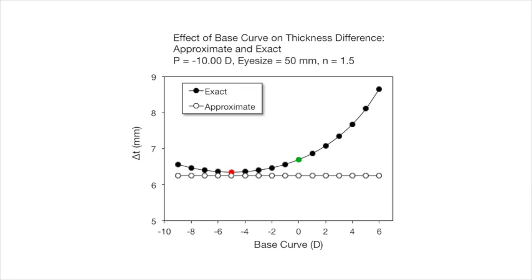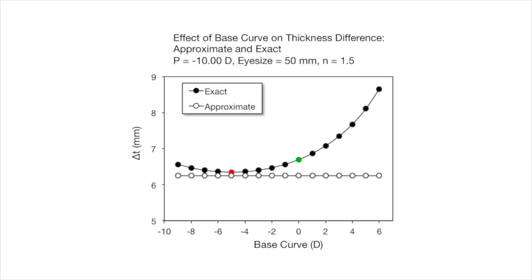As we increase the base curve, as we steepen the base curve, we can see that the delta t, in other words, the edge thickness, is going to increase dramatically. And certainly once we get above a base curve of plus 2 diopters, we end up with a meteoric increase in delta t, which will translate to a dramatic increase in edge thickness.